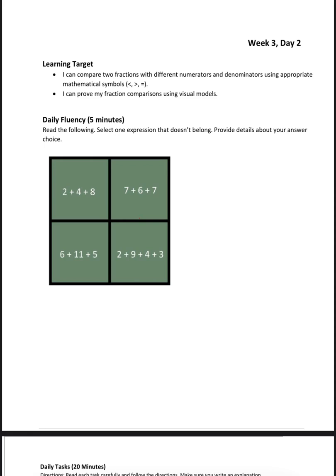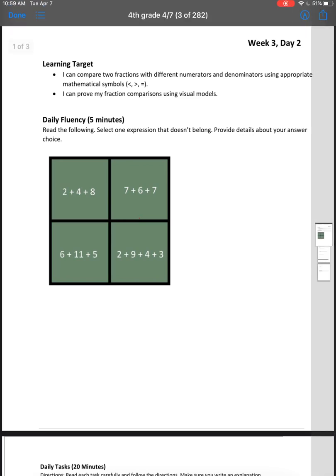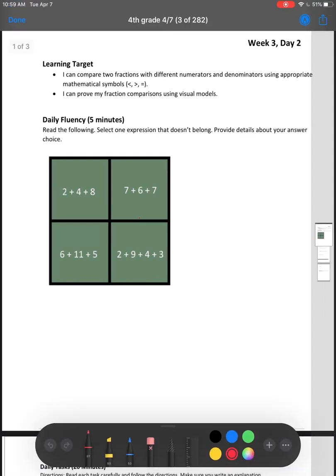The first way is I'm looking at these expressions, and I see that in a lot of these expressions there are 3 numbers in each one. This one has 3 numbers right here.